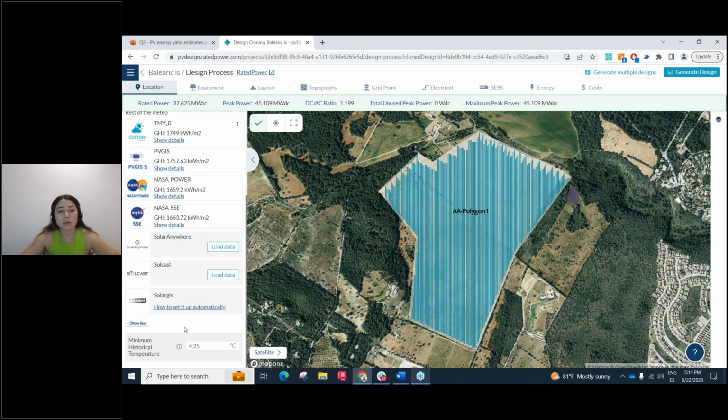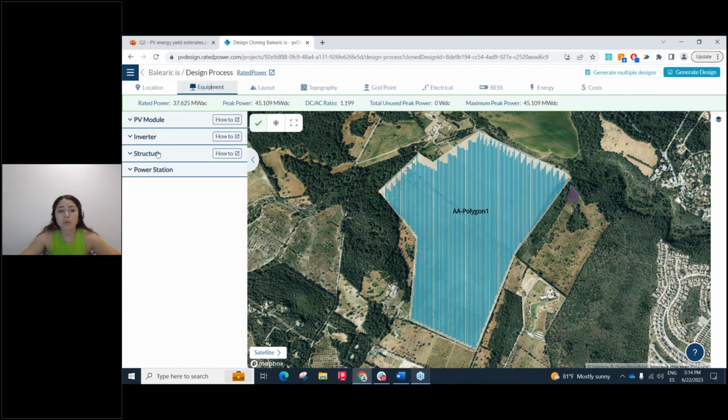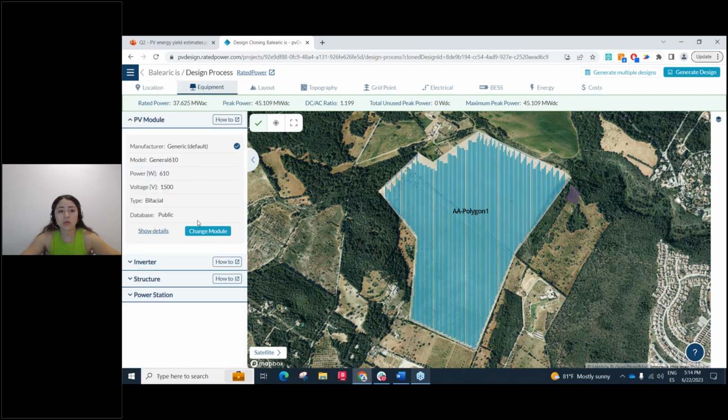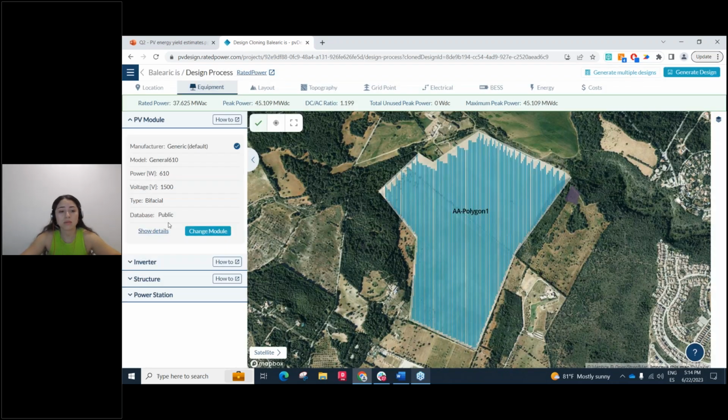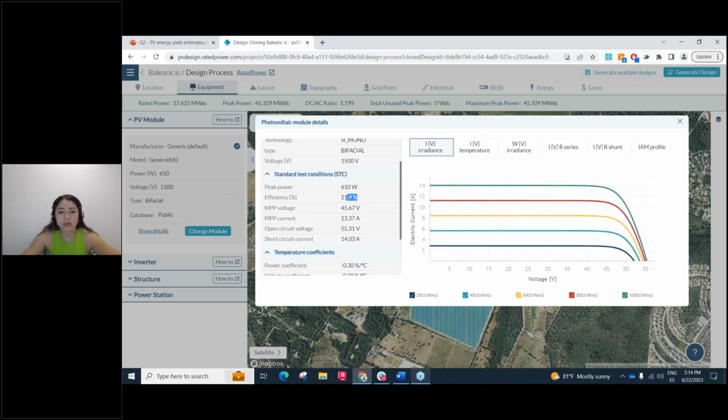The user is also allowed to input the minimum historical temperature in this section. For the equipment, you can select your own equipment in this section, and based on the manufacturer, you can have the efficiency. In the detail here, you can see the efficiency of your PV model and the equipment.